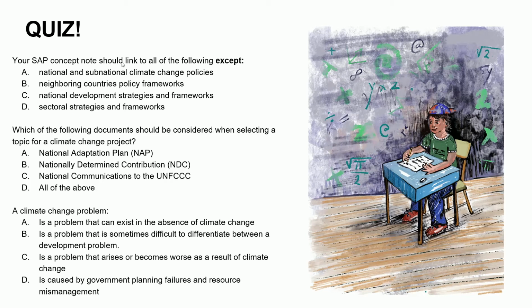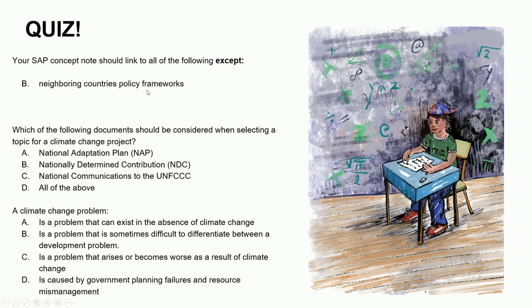So it should link to all of these except there's one that doesn't belong in here. Which one is it? Well, I think it's B, neighboring country policy frameworks. There's no reason that our project needs to link to these. So is that our answer? Yes, indeed. That's the one that doesn't belong.